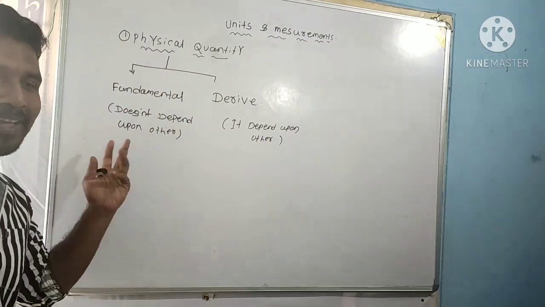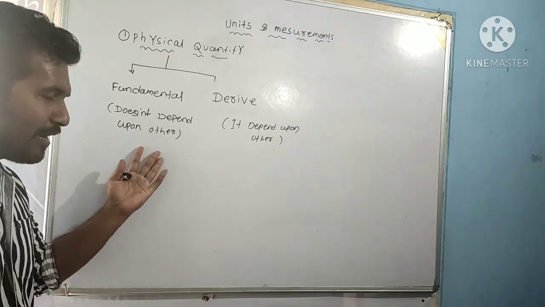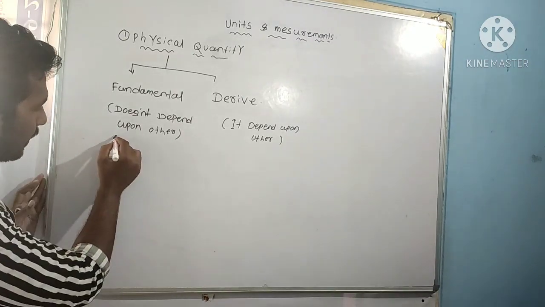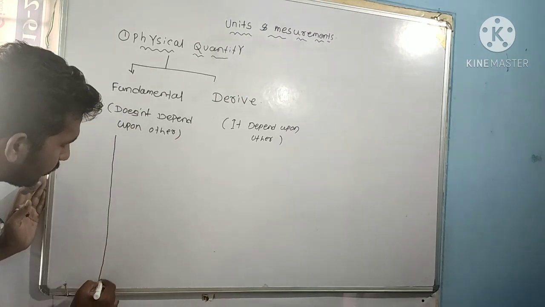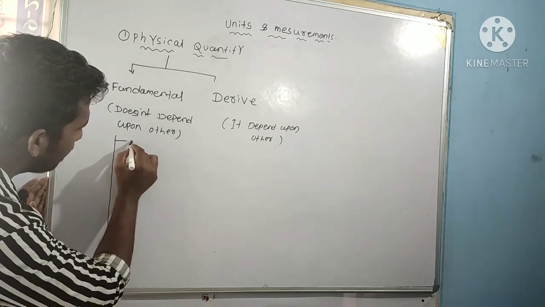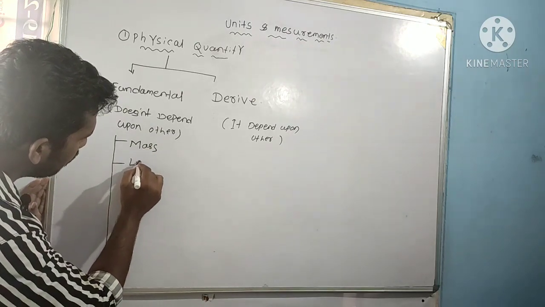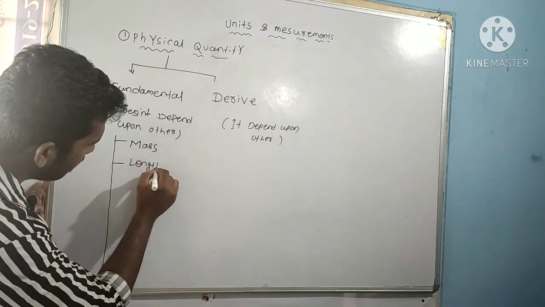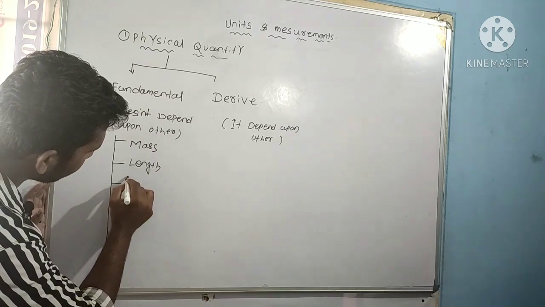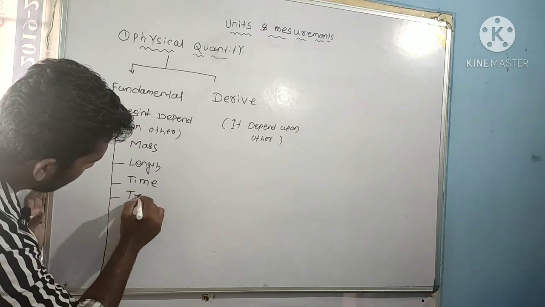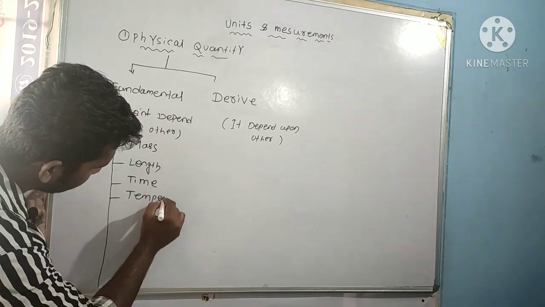Fundamental quantities are of 7 types. How many fundamental quantities are there? 7. Number 1, mass. Number 2, length. Number 3, time. Number 4, temperature.